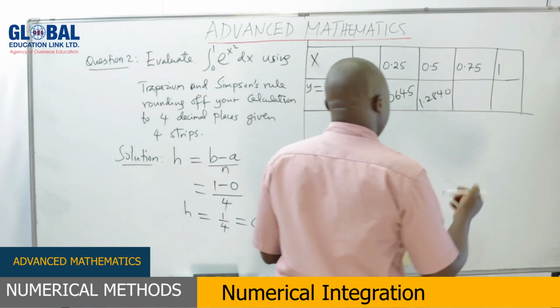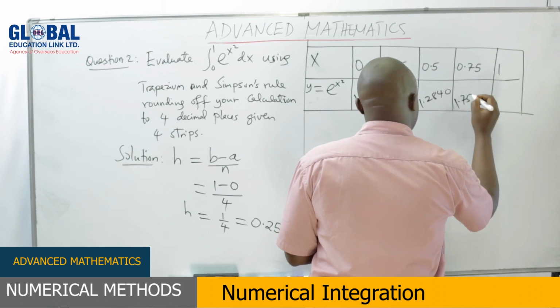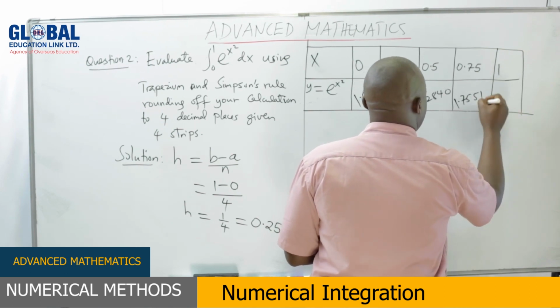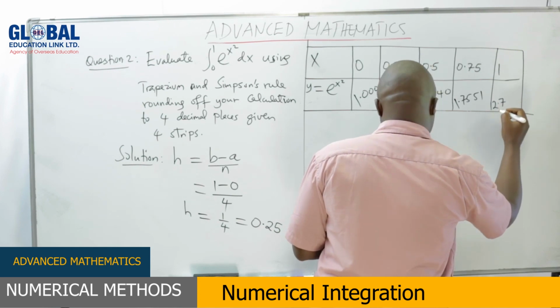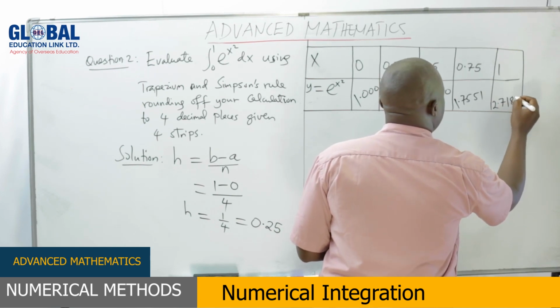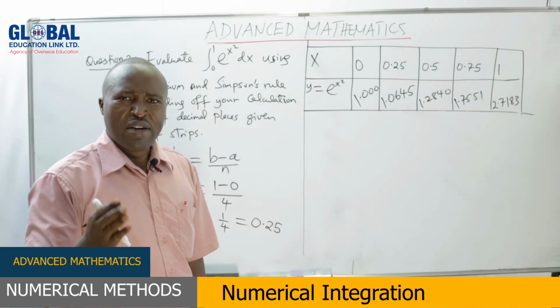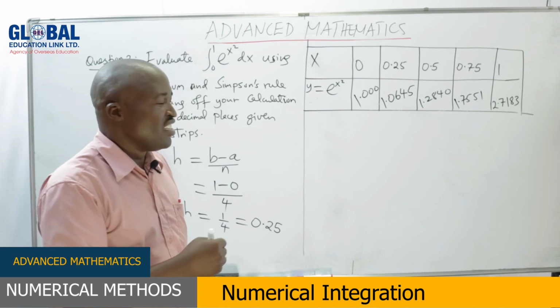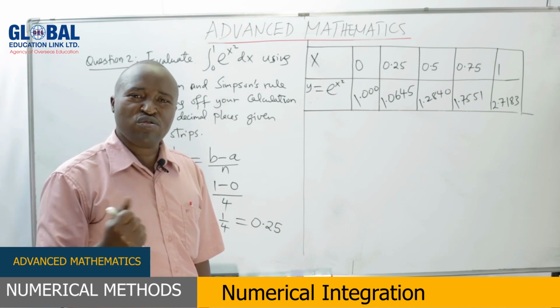In this case, we are going to have 1.7551. And the last one will be 2.7183.